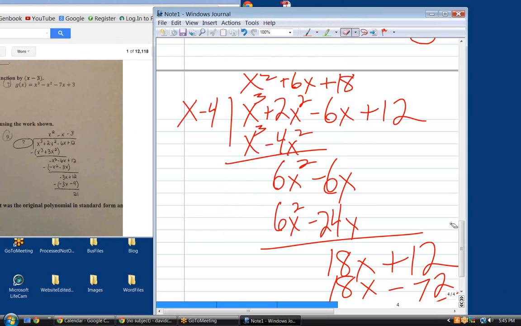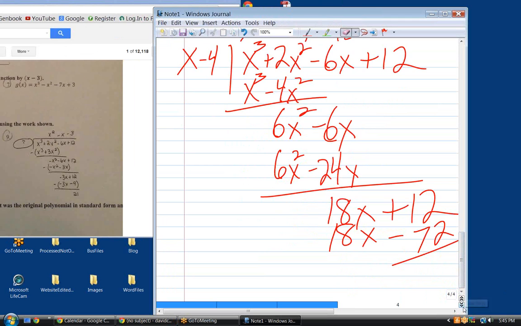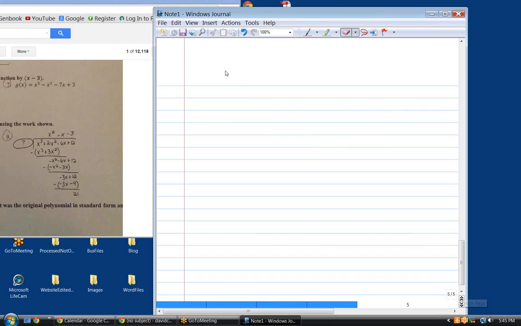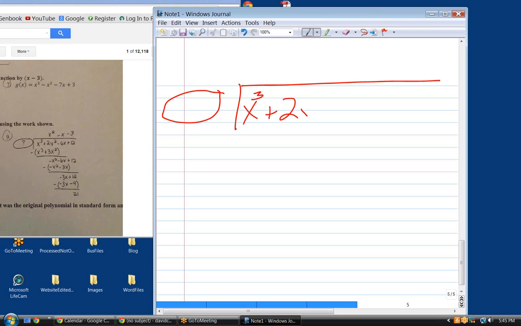Did you do this one? Oh, no. Okay, this is a little different. So we need to figure out what that would be. That would be x plus 2.